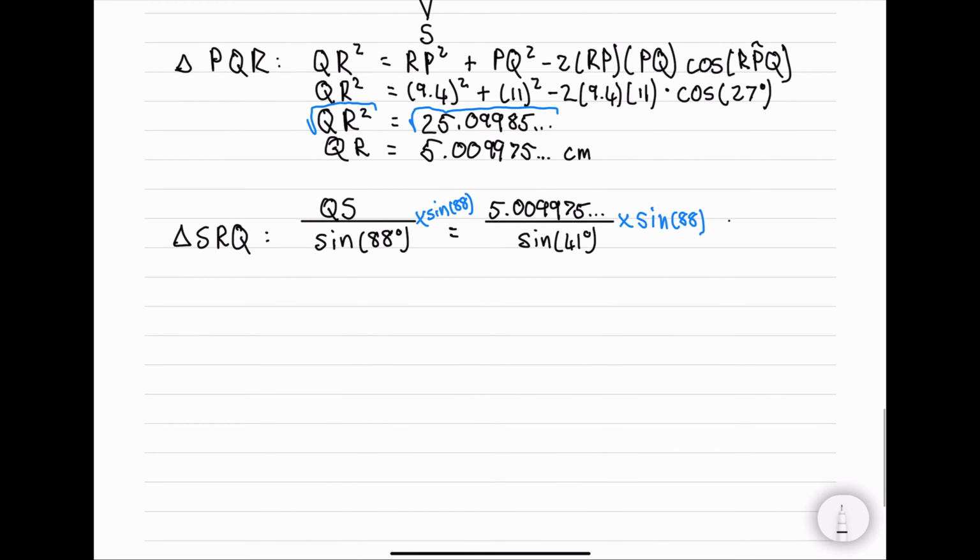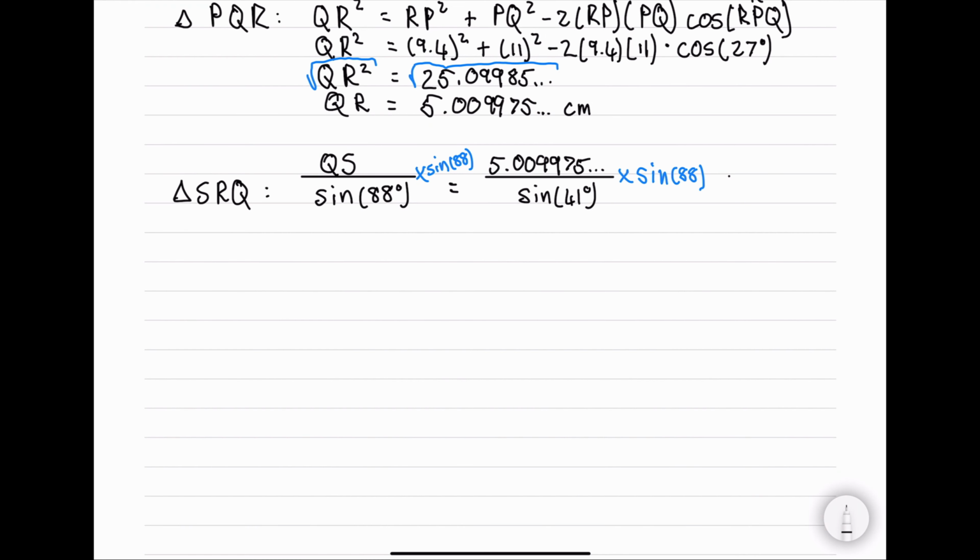And thus, when you plug in 5.009975 over sine 41 times sine 88, you would get your QS as 7.631818 and so on centimeters.